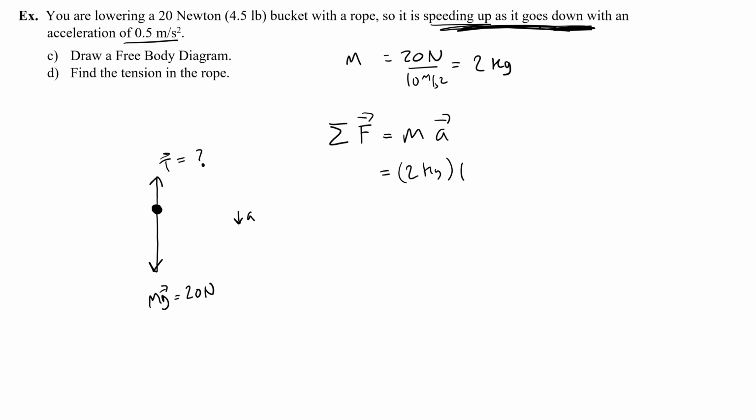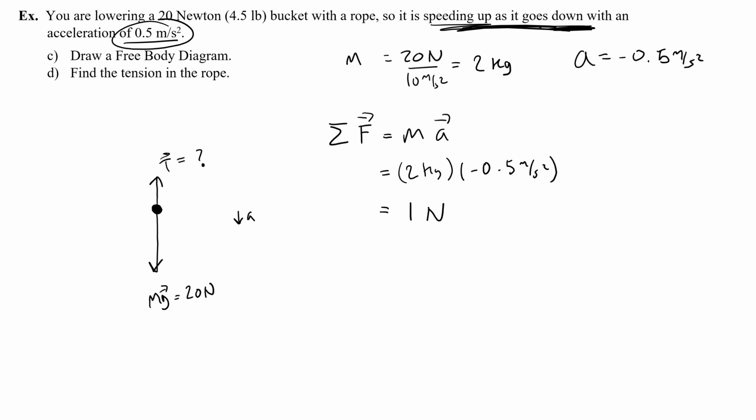And if we're going to say that mg is down and negative, then that means I need the acceleration to be a negative 0.5 meters per second squared. So I would use negative 0.5 meters per second squared in my calculation. Half of 2 is 1, so the net force is 1 Newton.